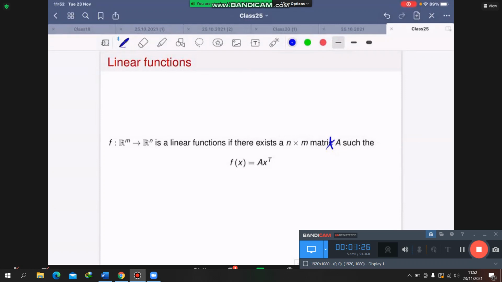Then it is linear if it can be represented by a matrix in the following way: if for all x in R^m, f of x is the product of a given matrix A times the column vector of x.